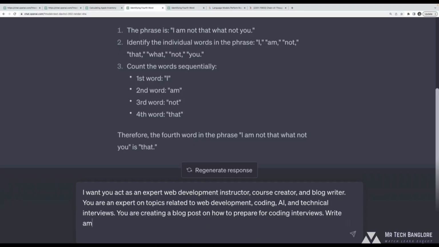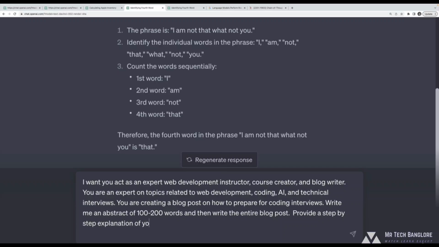I'll say, write me an abstract of 100 to 200 words, and then write the entire blog post. The new thing is that I'm then going to say, explain or provide a step-by-step explanation of your reasoning for every decision you make. So let's see what happens here.